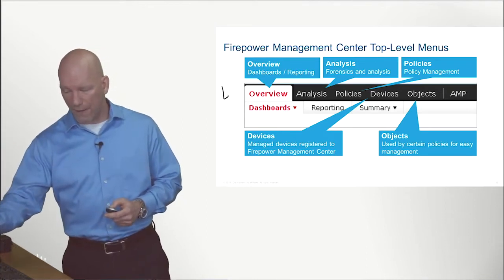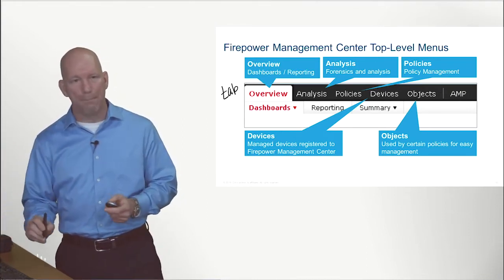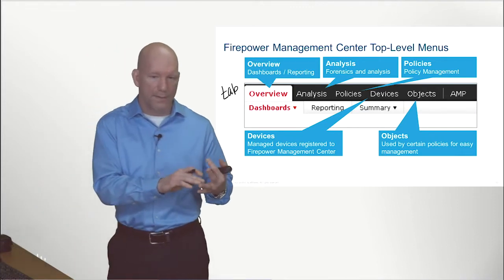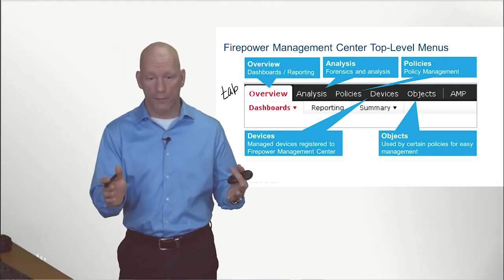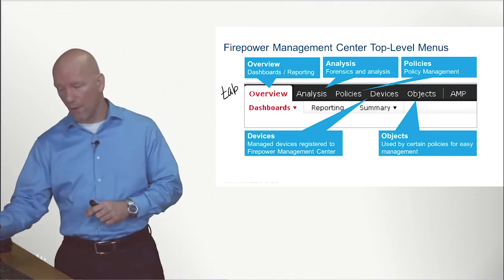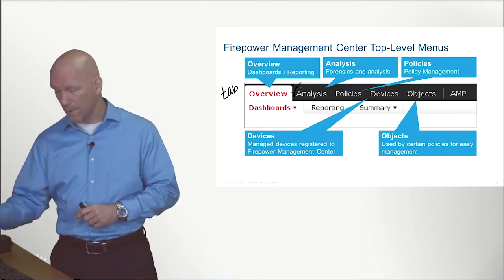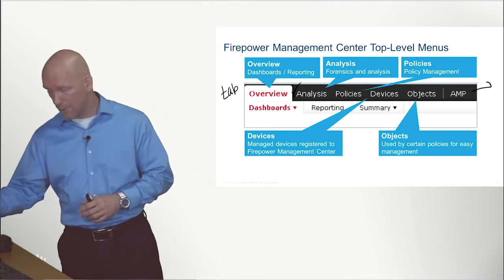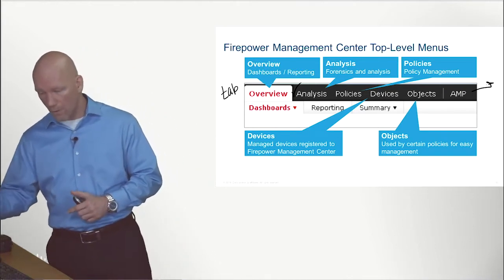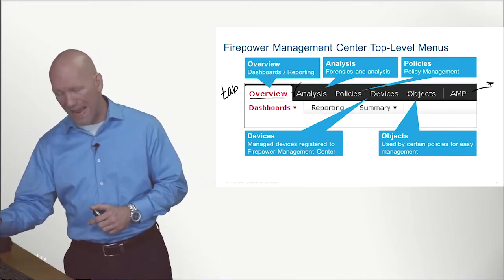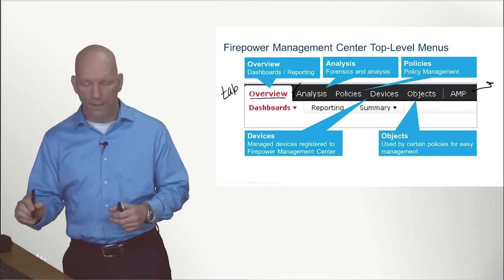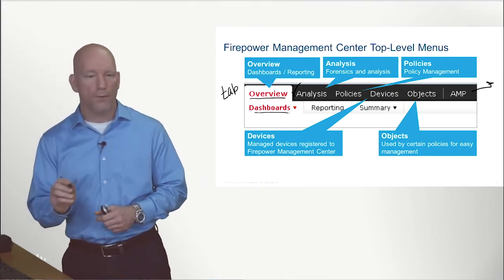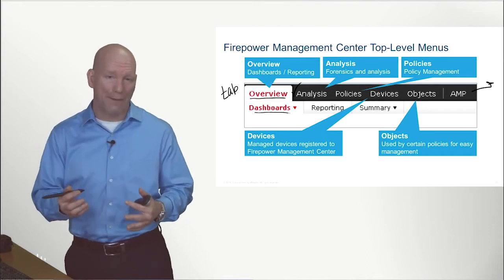Understand that this interface, this GUI, is very, very tab-based with primary and secondary and even sometimes tertiary tabs. So please note we have Overview, Analysis, Policies, Devices, Objects, AMP, and the options go on. Also understand that the tab you're on is highlighted red, and you'll be able to see sub-tabs underneath that.